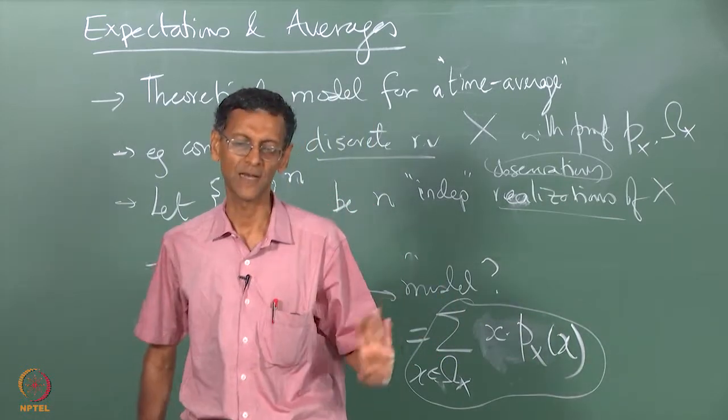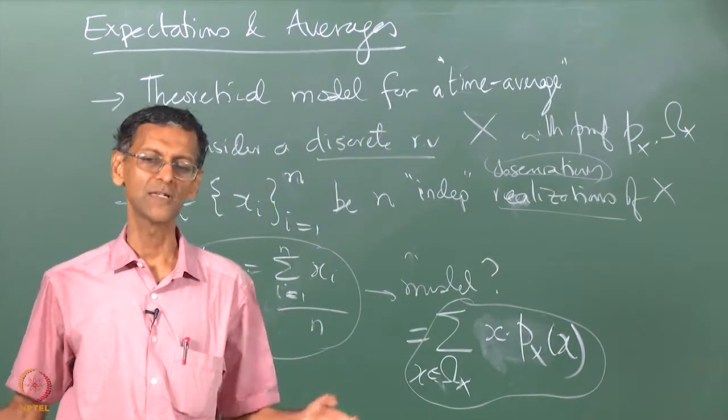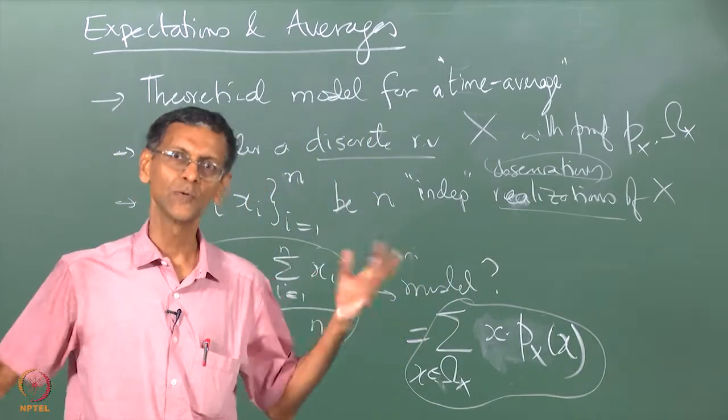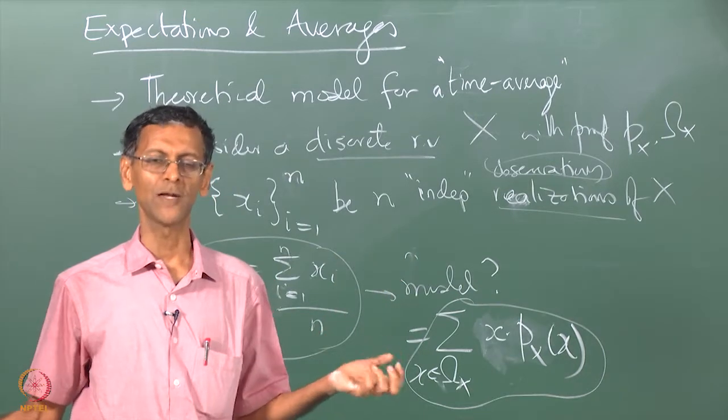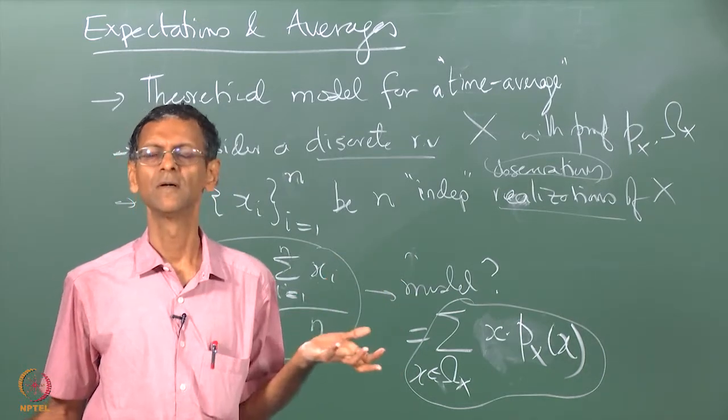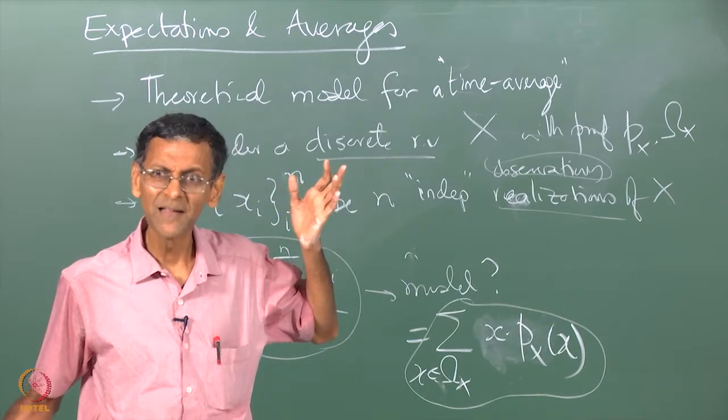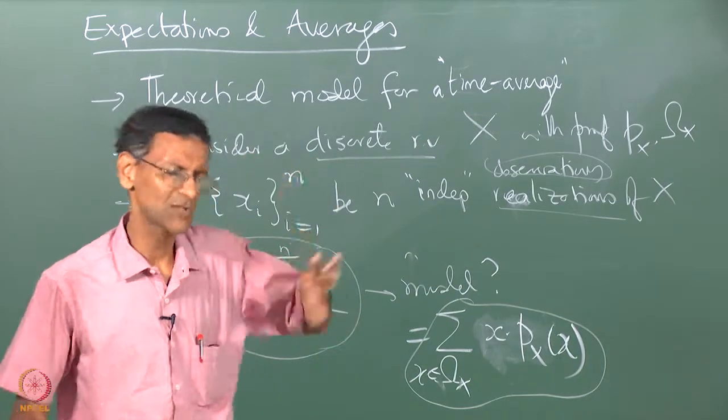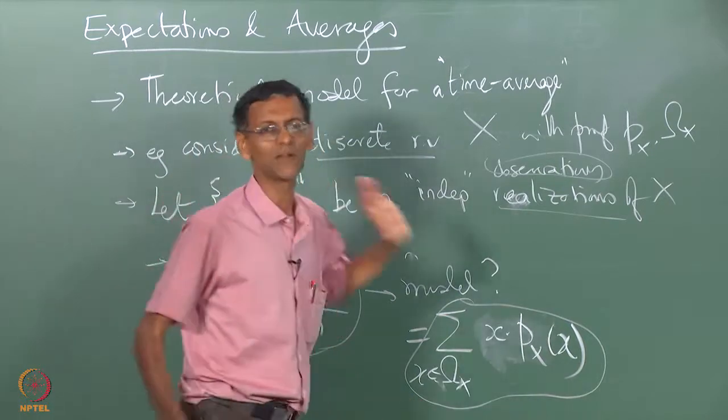If you pull out the 1 by 6, 1 plus 2 plus 3 plus 4 plus 5 plus 6 is 6 into 7 by 2, which is 21, and 21 divided by 6 is 3.5.